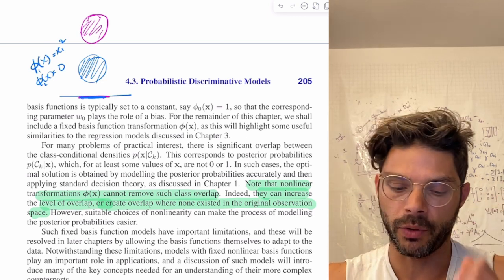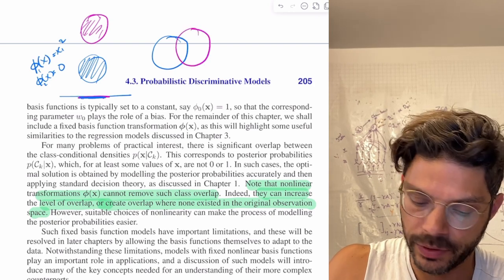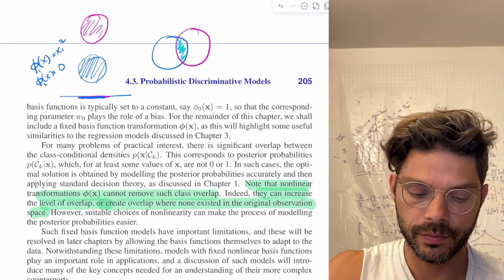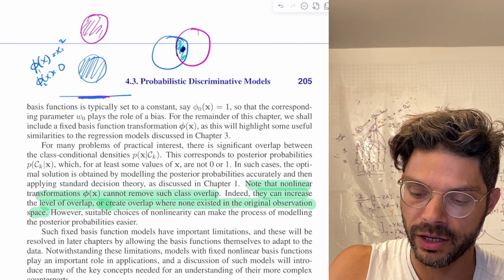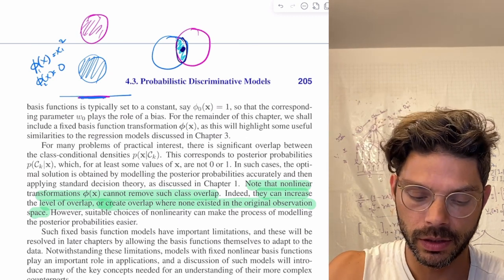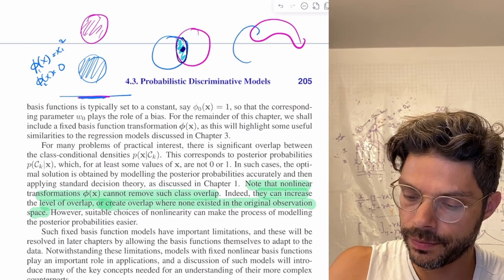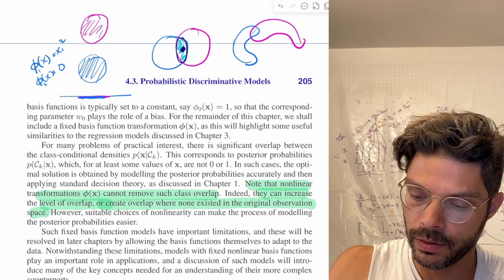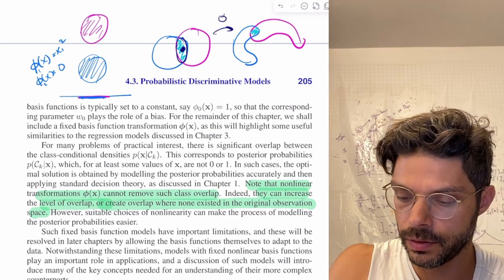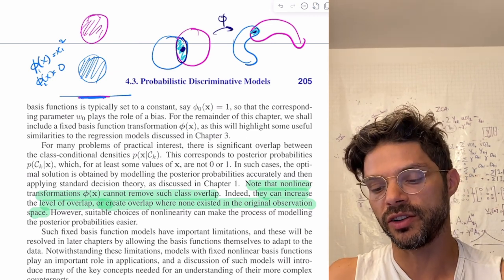If a point lives in this overlap, then no matter what you do to this space, it will continue to live in the overlap wherever you map it. So let's say we end up doing something like that. You do your transformation. It seems like you could reduce the overlap smaller and smaller by stretching out.